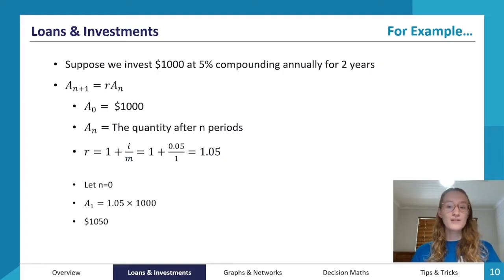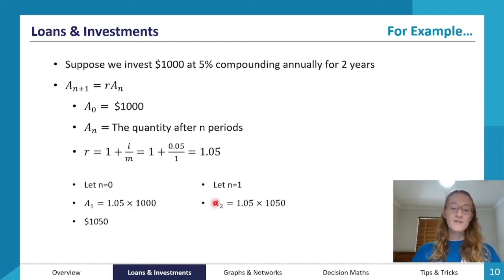But we're being asked what the quantity is after 2 years. So we've got to apply our recursive rule again. So we'd say let n equal 1. Now we're saying A2 is equal to R times A1, which makes sense because we're applying the rule to the following year. We're asking how much there would be after 2 years, and we can work that out because we know how much was there after 1 year.